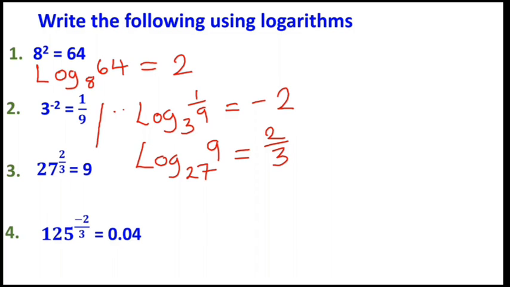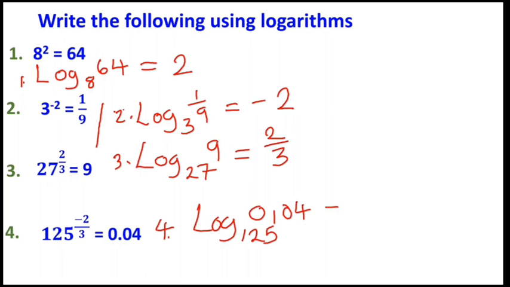So that's number 1, number 2, number 3, and then number 4, the same thing again. The log of the base is 125. The number is 0.04. And the exponent is minus 2 over 3.